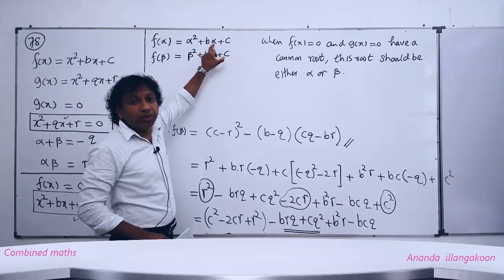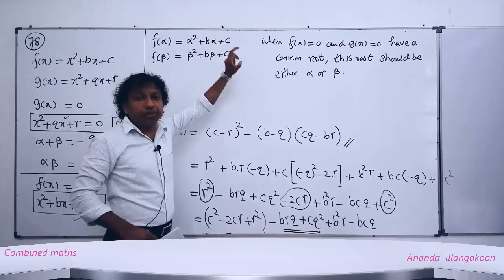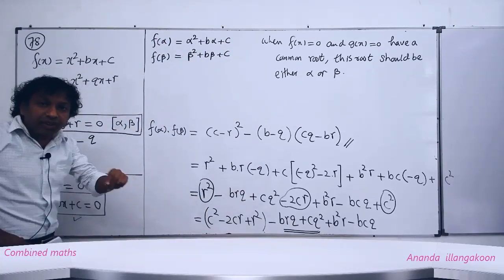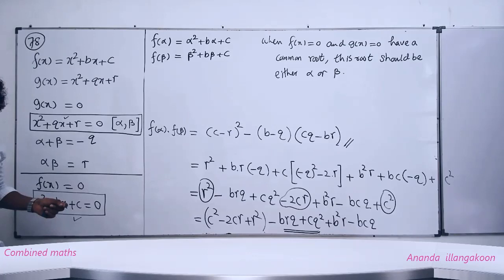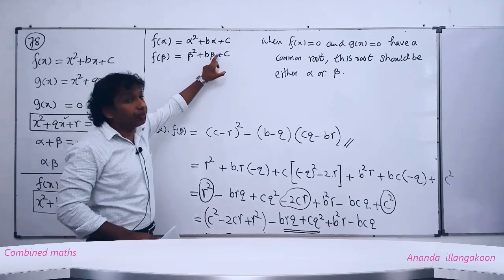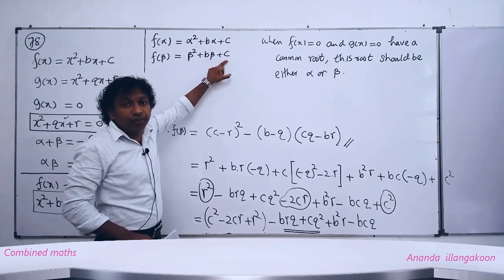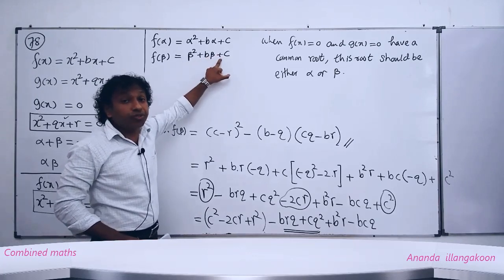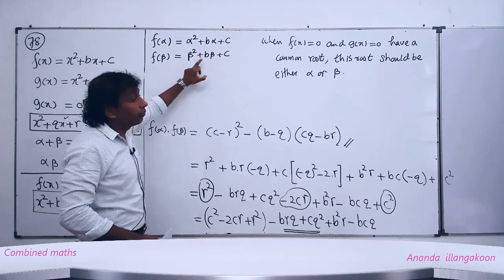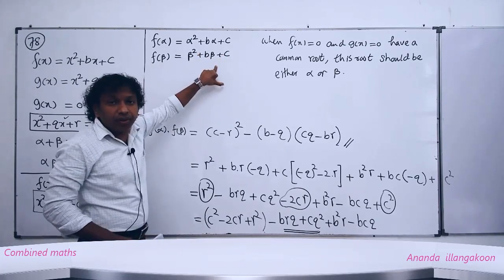Similarly, if beta is the common root for this equation and this equation, then beta should satisfy this equation. Beta squared plus b beta plus c equals 0. Beta squared plus b beta plus c means this, and this equals 0. Is it clear, people? Right?